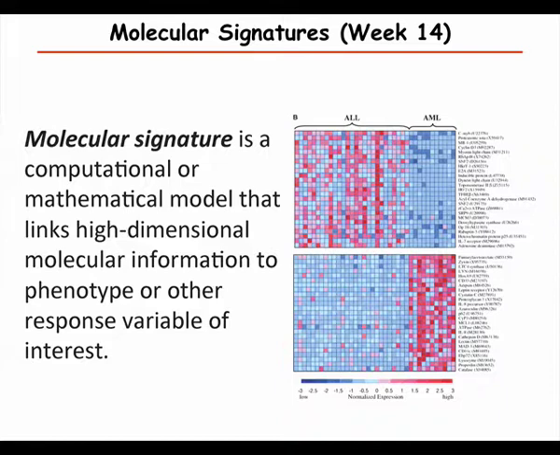So by molecular signature, what we mean is a panel that contains either many genes or many proteins that can distinguish different disease states. In this case it's just two types of leukemia, and you can see that this gene panel distinguishes very clearly between the two types.